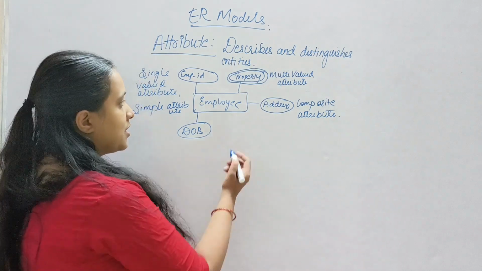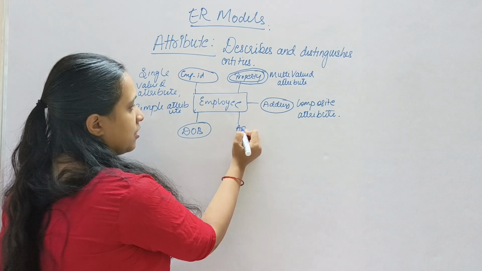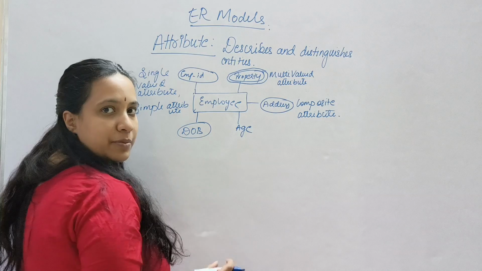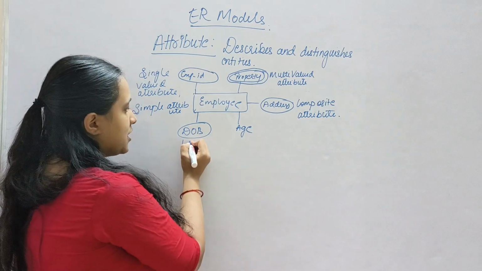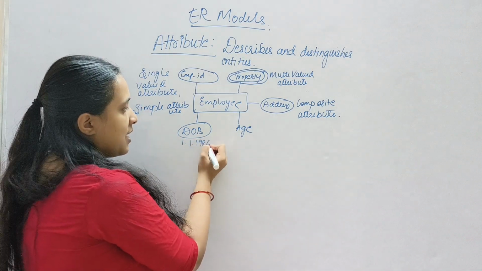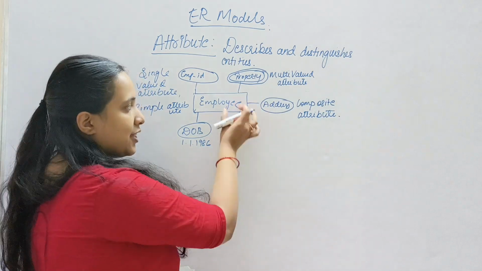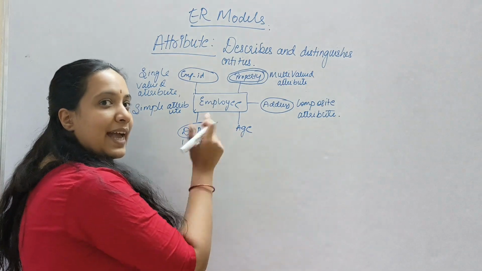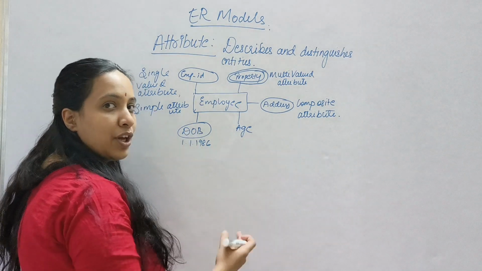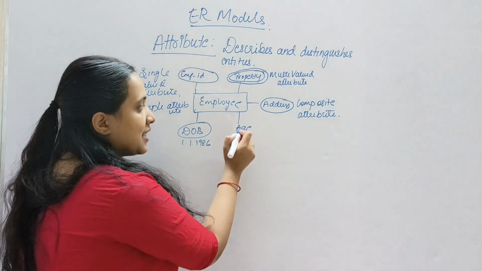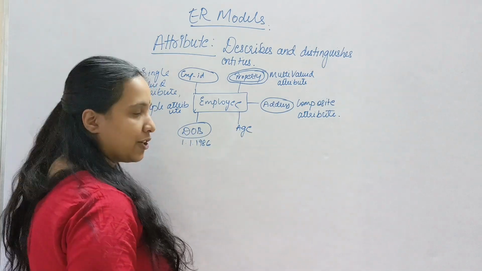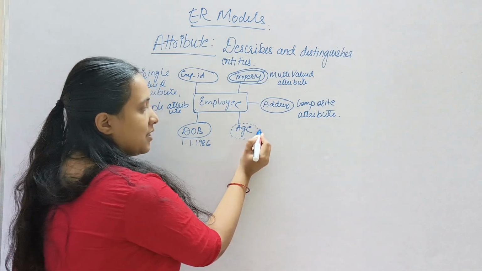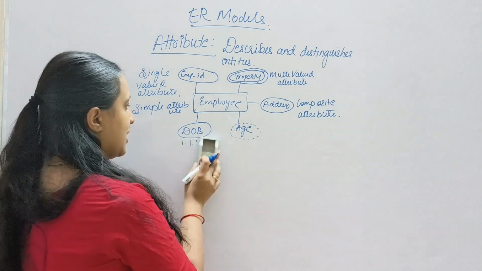The other attribute is age. I can get the value of the age from date of birth. If the date of birth is January 1st, 1986, for today I can get the age of the employee. So if I have an attribute which can be calculated or derived from the other attribute, then such attributes are called derived attributes. I represent it with a dotted circle in ER models.